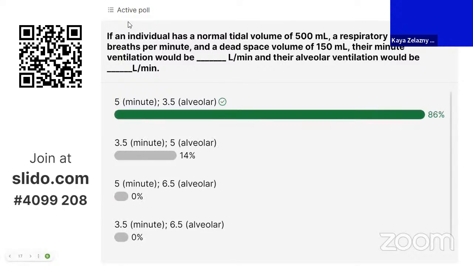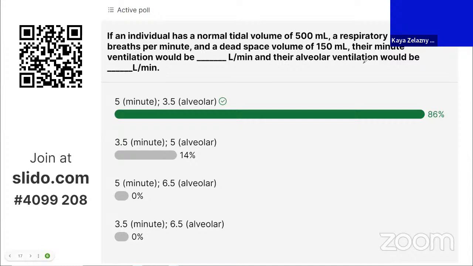Okay, good. What you might notice immediately for these answer choices is that we're looking for a minute ventilation and an alveolar ventilation. So before we do any math on this specific problem, we might start by thinking about which one should be higher and which one should be lower.